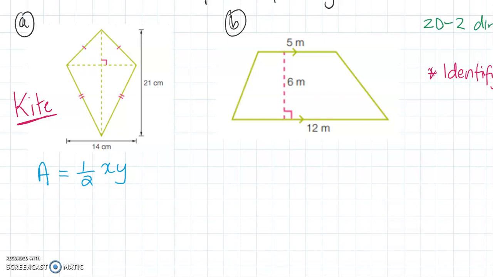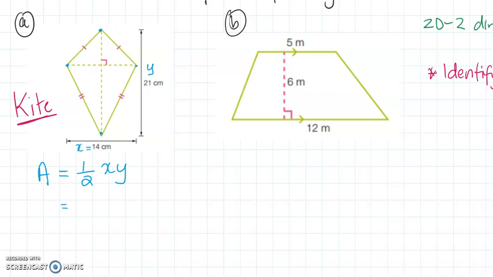On the kite, our x is this horizontal distance, from that corner to that corner. And your y is in the vertical direction, the distance between the top point and the bottom point. So this is your y.